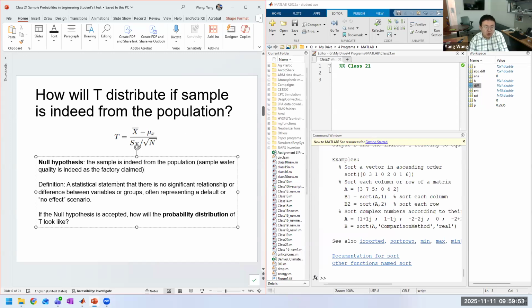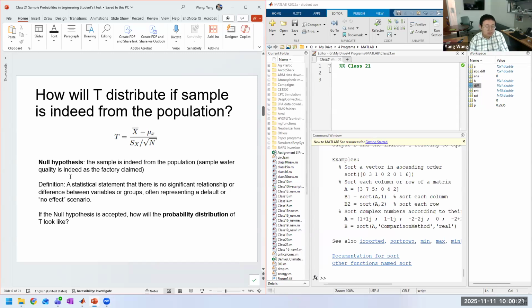So under the null hypothesis, you would expect the t-value to be mostly around 0, right? No matter how many samples you take, or if you take it today, tomorrow, let's say we take 1,000 samples from the system, do 1,000 experiments, and in each experiment we take 20 samples, you would expect that the t will mostly distribute around 0.